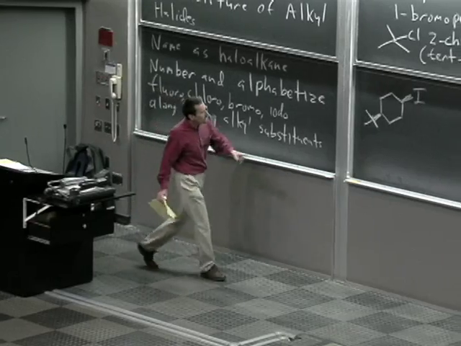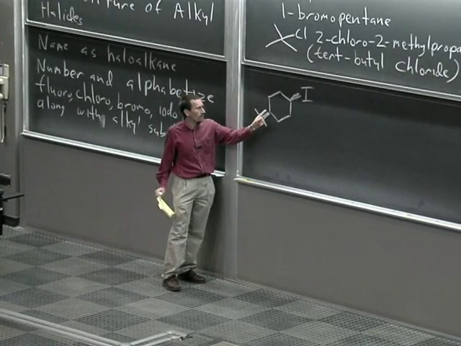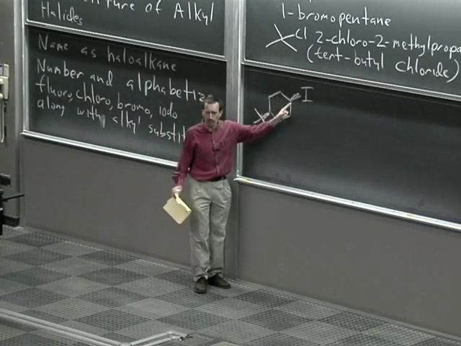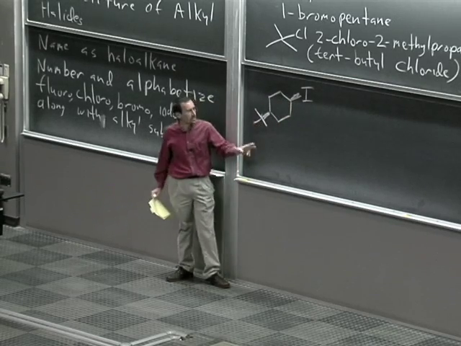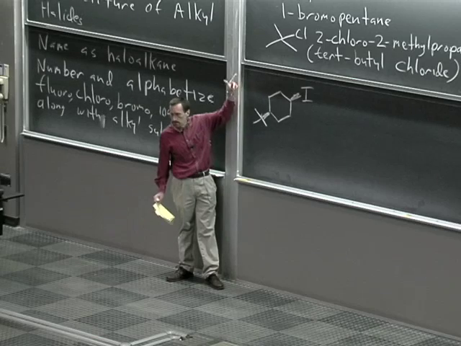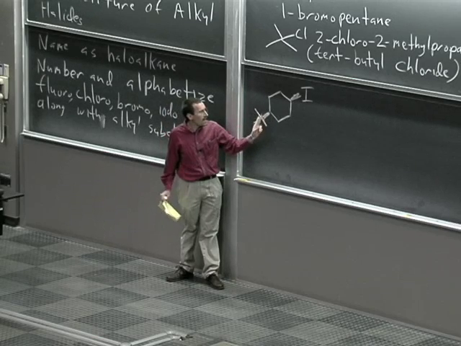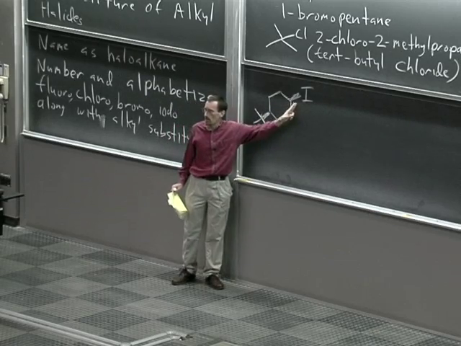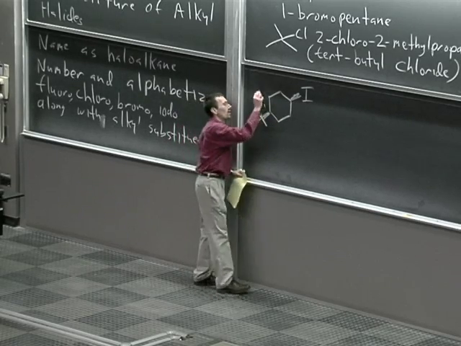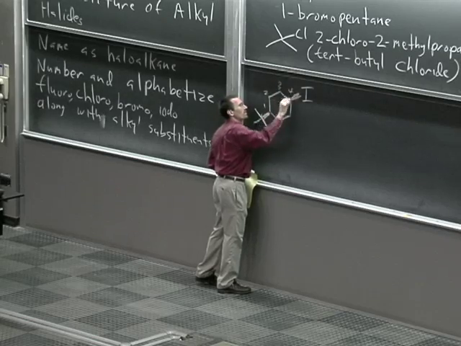In other words, here we honestly could number either 1, 2, 3, 4, or 1, 2, 3, 4. Everything else is equal because it's not the first substituent on the chain. And in this case, since butyl comes before iodo, we'll number this as 1, 2, 3, 4.